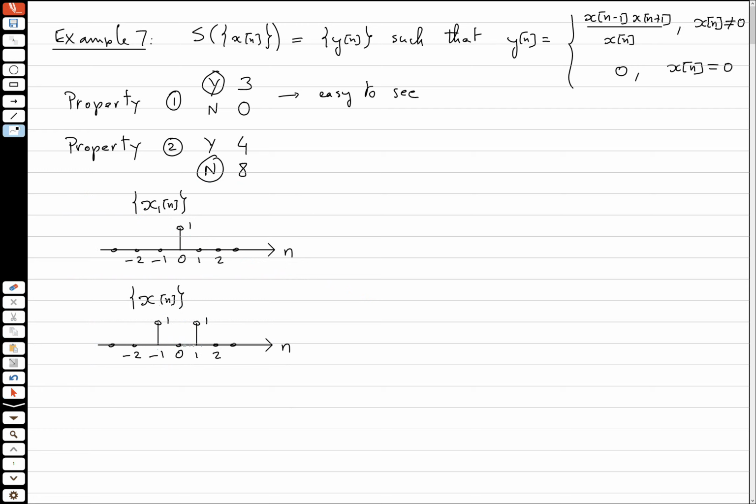So first, as a first exercise, you want to know what is the response of the system to these inputs. Can you do that? Can you tell me what is going to be the response to x1?